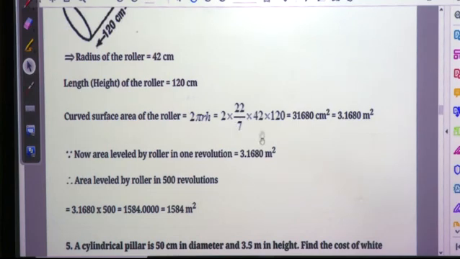After cancelling, 7 ones are 7, 6 is 42, and we are multiplying 2 into 22 into 6 into 120. The answer we get after doing the calculation is 31,680 centimeter square, but it is required in meter square.